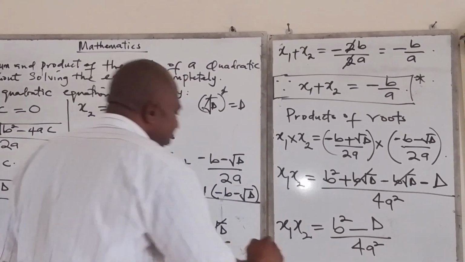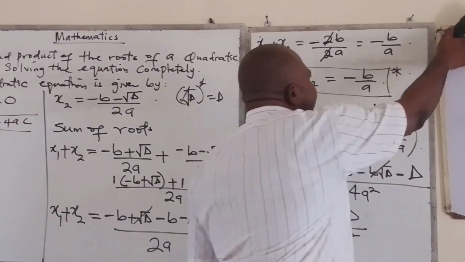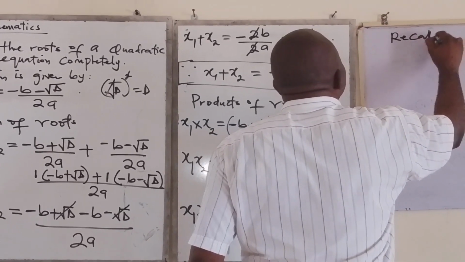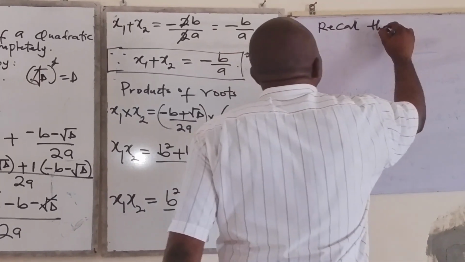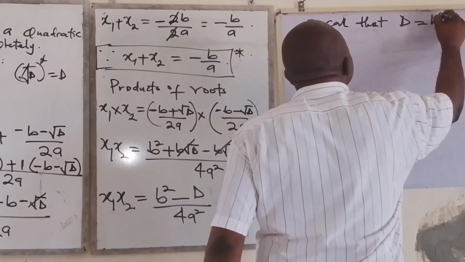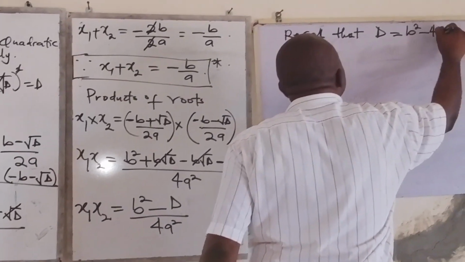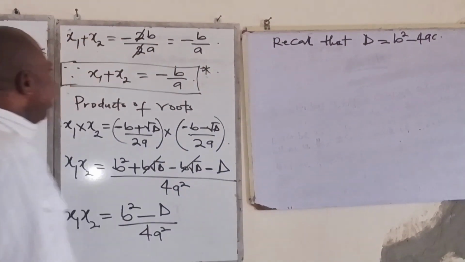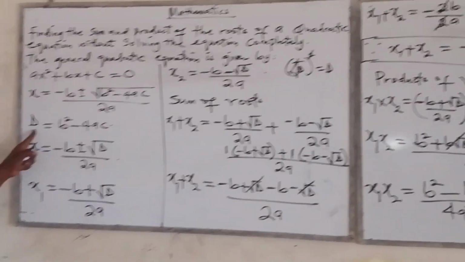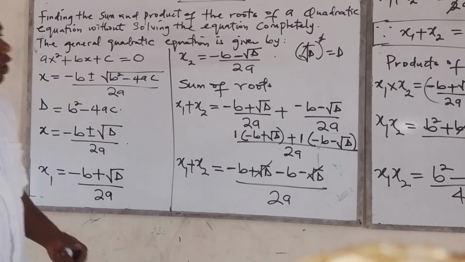But let's recall that our d is equal to b squared minus 4ac. Yes, d is the discriminant. And from here we said d is equal to b squared minus 4ac.